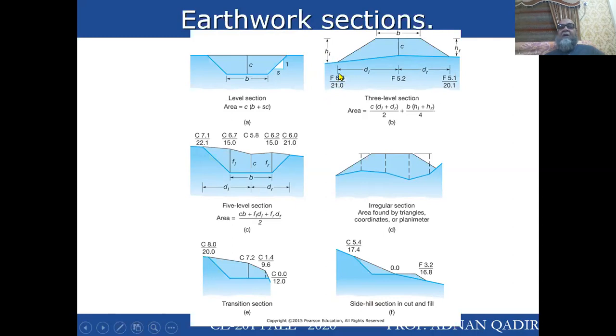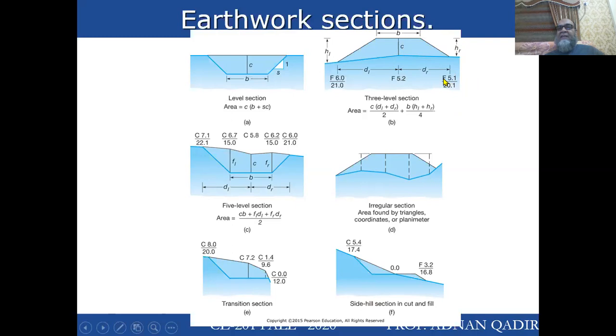Now, there is a way of writing this. Whenever I take a level, I say F means this is a fill section, and 5.2 means the value of C is 5.2. Then if I go to the left or right of this figure, this F means again the height is above the ground.